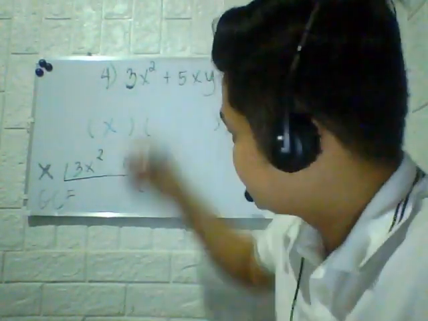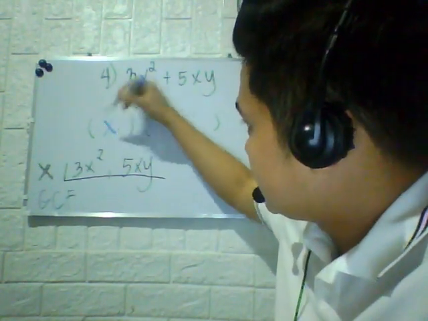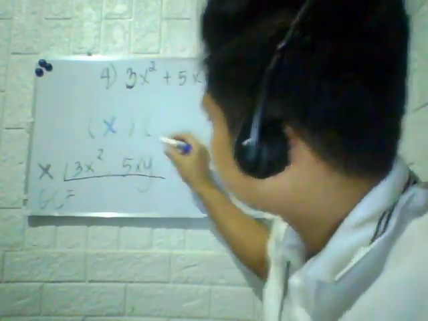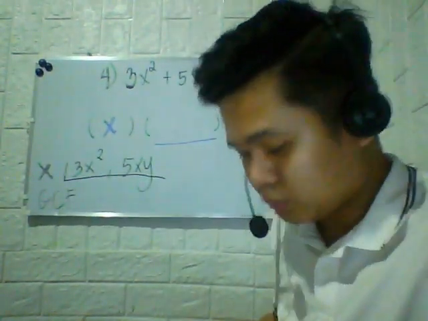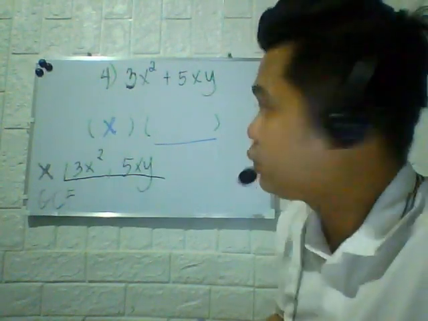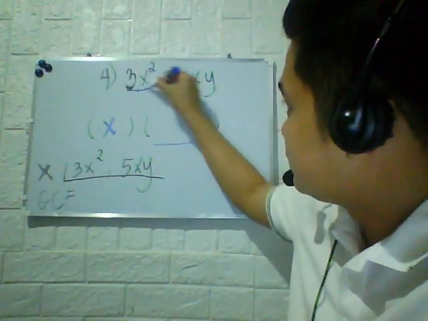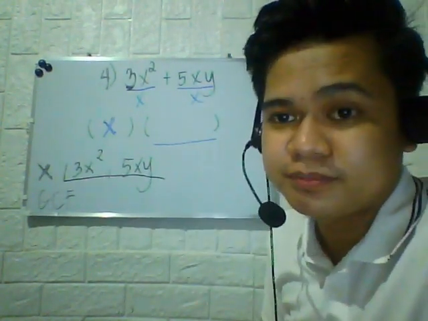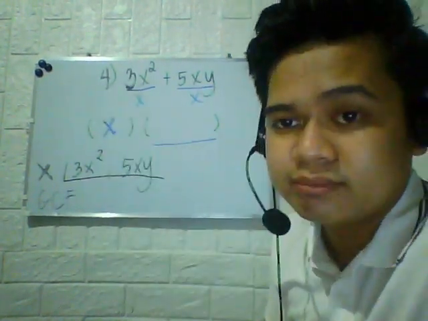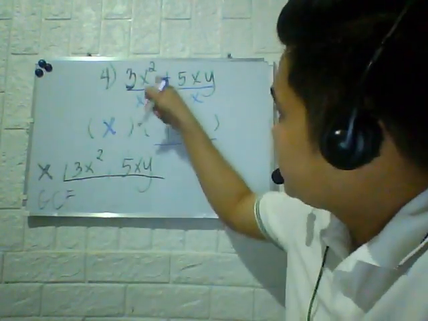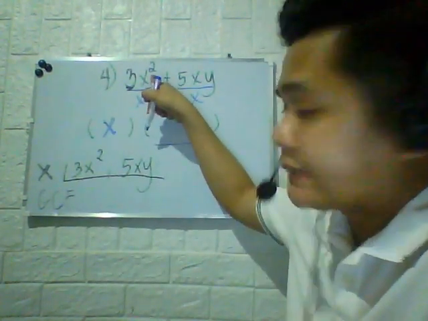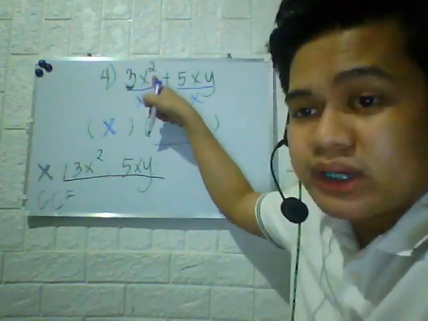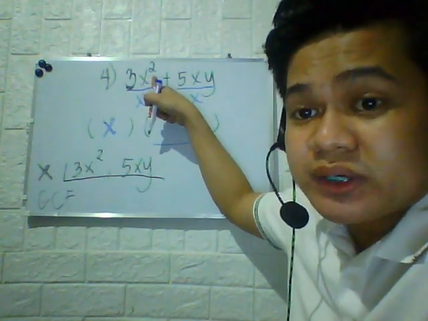Labo, no? Tiyagaan na muna natin. And then for us to get what we need to put inside the pair of parentheses here, we divide the x both terms here. 3 stays as 3. Eh dito, may dalawa kang x sa itaas. Dito isa na lang. Ibawas mo yun doon. Ilan na lang matitira kay x squared?